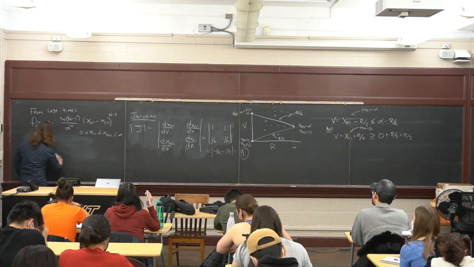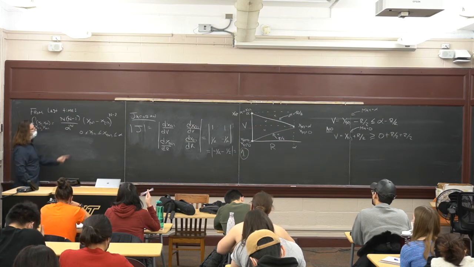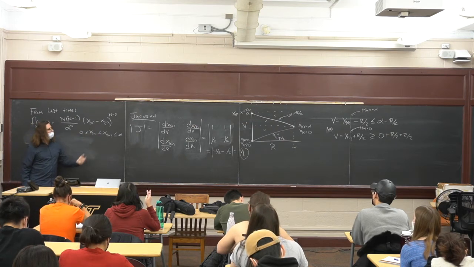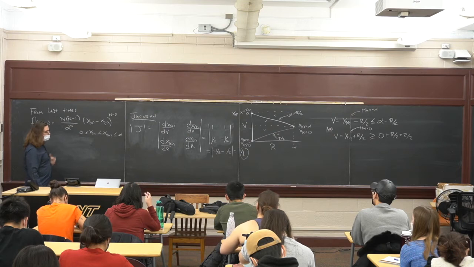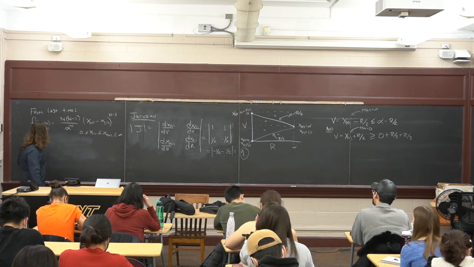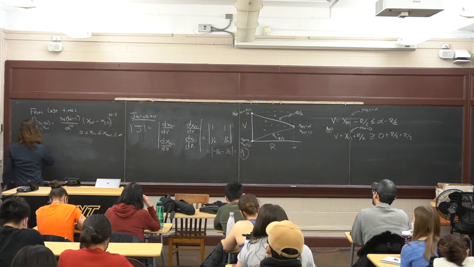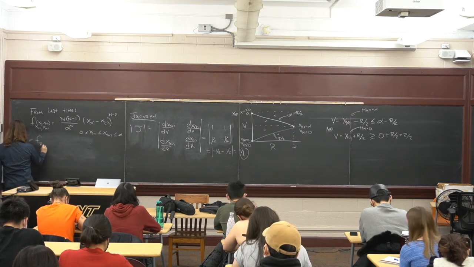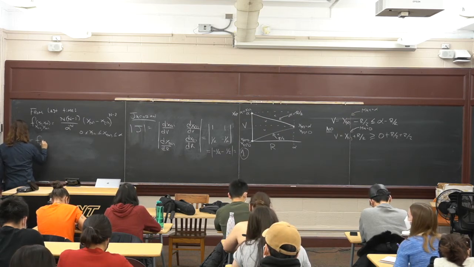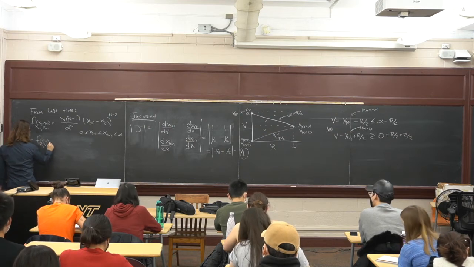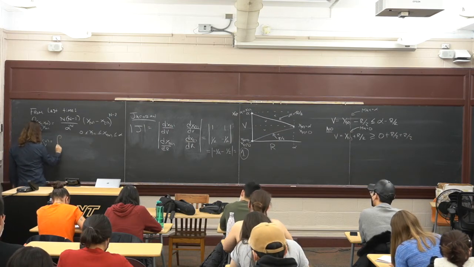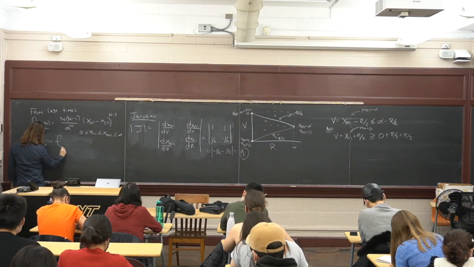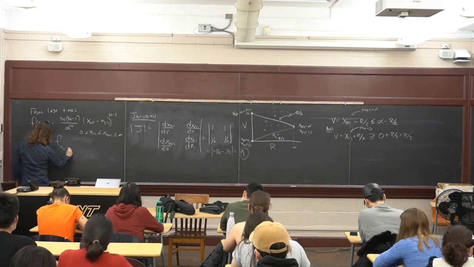So all I need to do is take this formula and re-express it in terms of R and V. And so I'll just rewrite this. So this thing right here, R and V, this is going to be F of X1, X2.